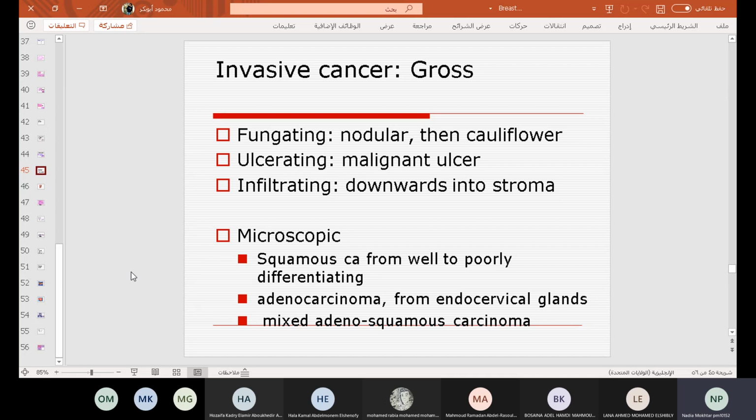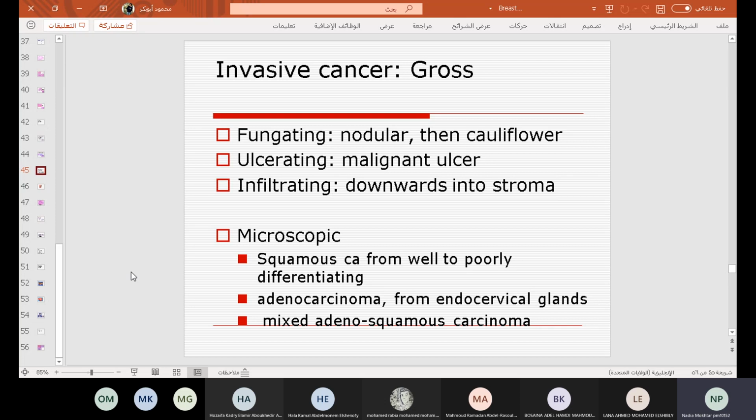Where does the adenocarcinoma come from? From the underlying endocervical mucus glands. There are many mucus glands in the cervix for the sake of lubrication. These glands may also undergo malignant transformation through the human papillomavirus, causing adenocarcinoma. But this is rare, much less frequent.